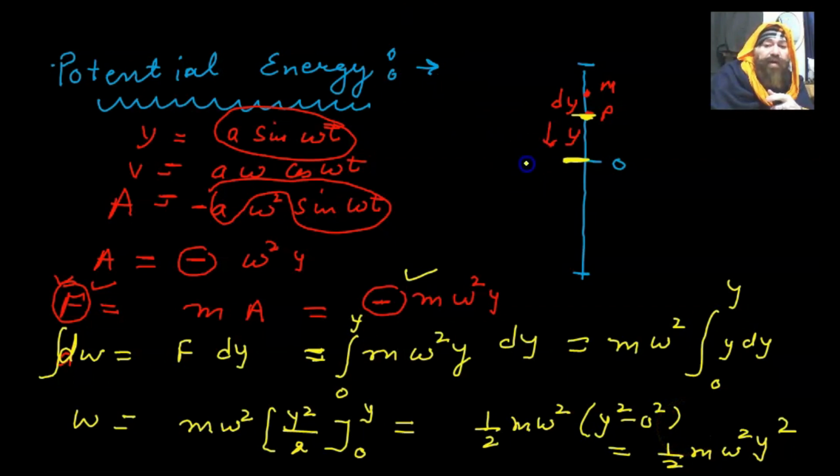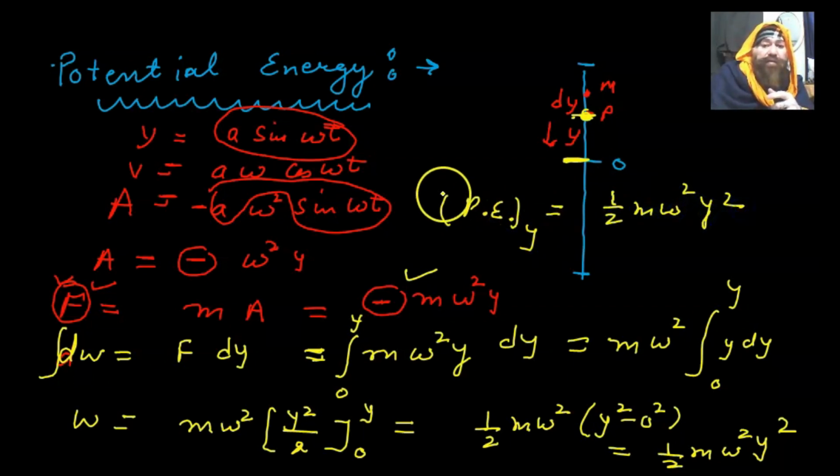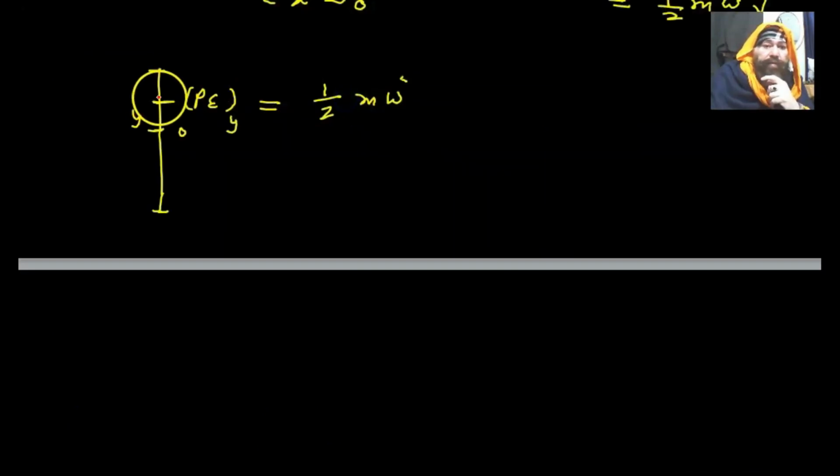And whatever the work done, that is stored in the form of potential energy. So potential energy at y becomes half m omega square y square. What does it imply?